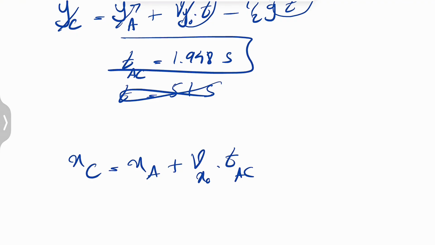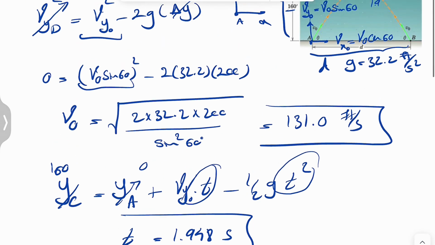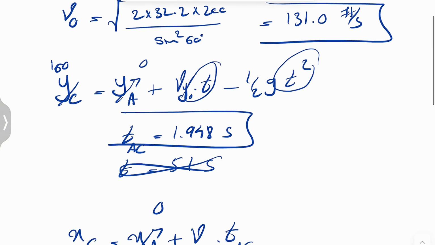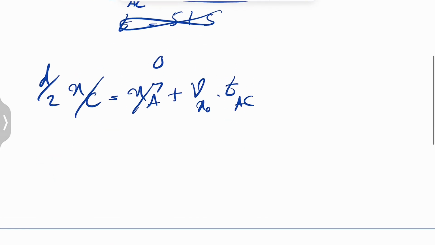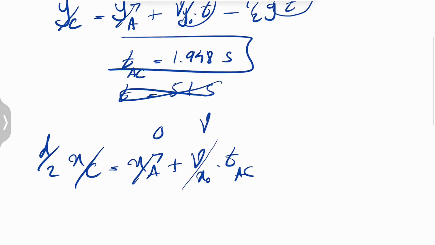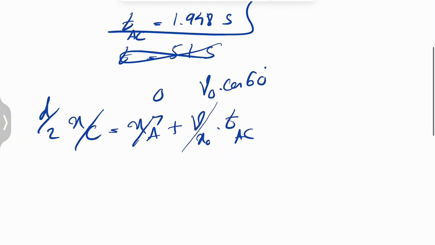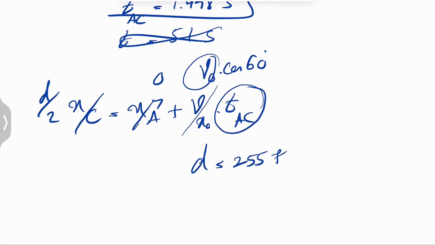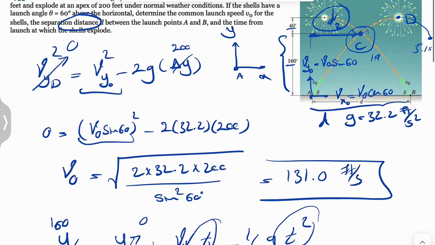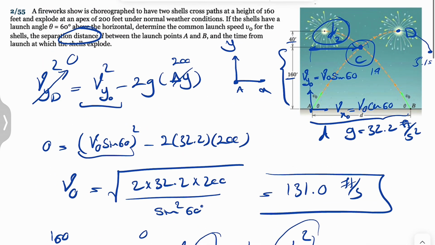Xa is going to be 0 because our origin is at point A again, and xc is going to be half of d, or d divided by 2. Vx0 is v0 cosine of 60 degrees. We already found v0 and TAC, and this is going to give us d, which is going to be 255 feet.